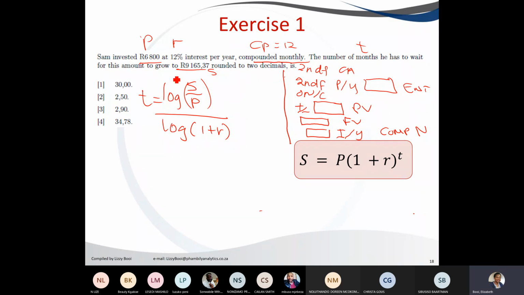Remember your interest, for those who are doing it manually, 12% divided by 100 divided by the compounding period. So you will say 12 divided by 100, and you will have to divide that by 12 again, because it's divided by compounding periods.